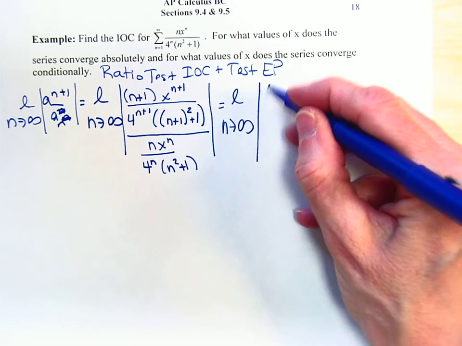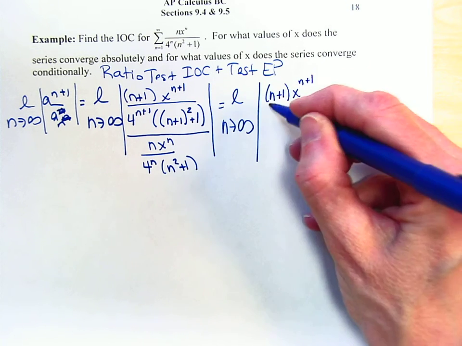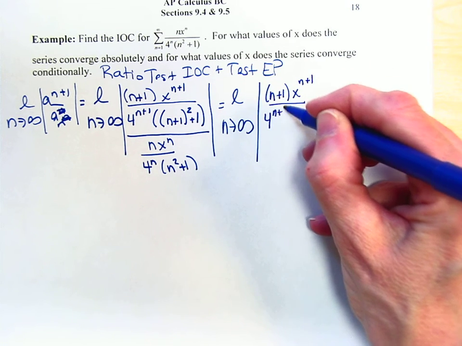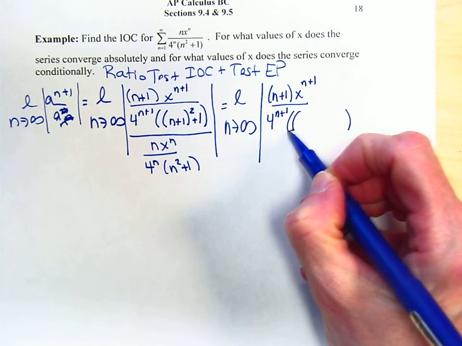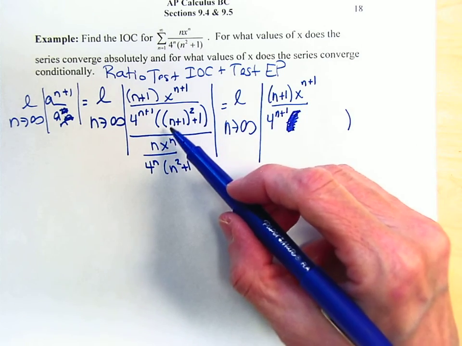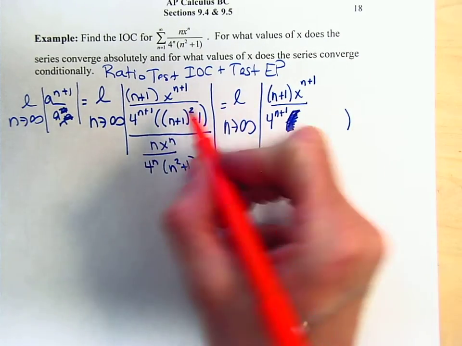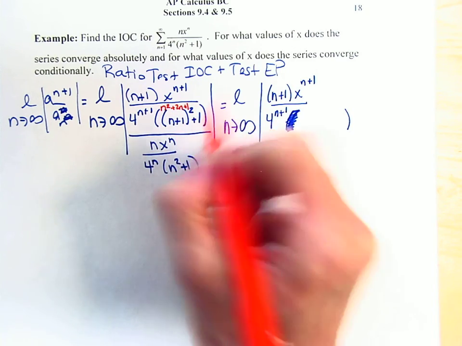Okay. So I'm going to say n plus 1, x to the n plus 1, 4 to the n plus 1. Let's make it all solid. Okay, let's FOIL this out. So this becomes n squared plus 2n plus 1 plus 1.